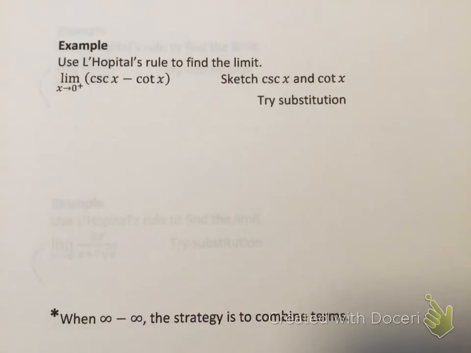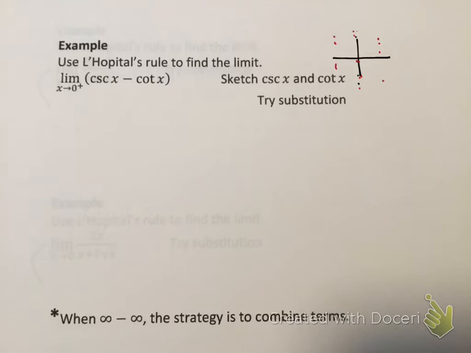All right, here's another situation that you'll see, and you'd have to remember how to graph cosecant and cotangent to help you with what's going on here. But if you were to graph cosecant, you'd have a vertical asymptote. Let me draw it with a different color. You'd have a vertical asymptote at 0. You'd have a vertical asymptote here.